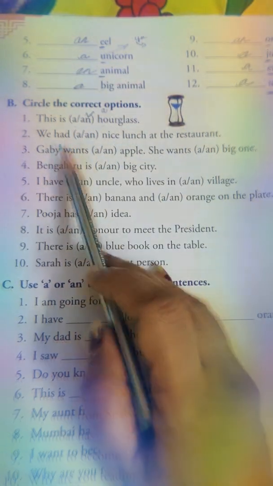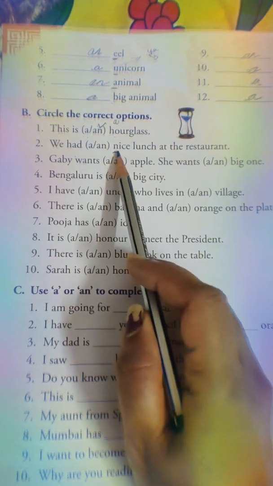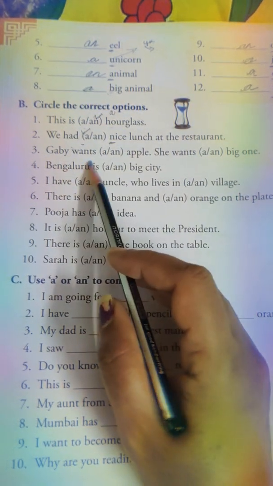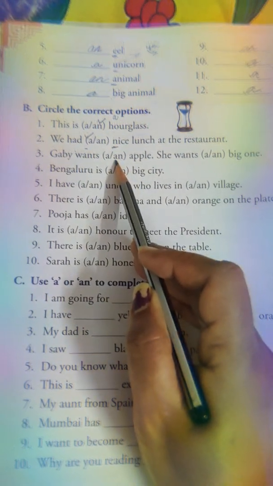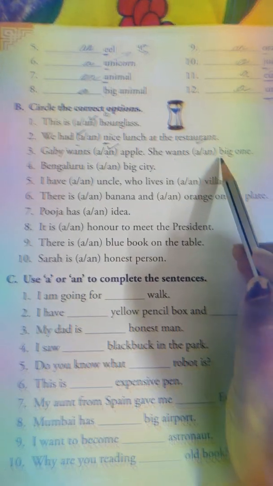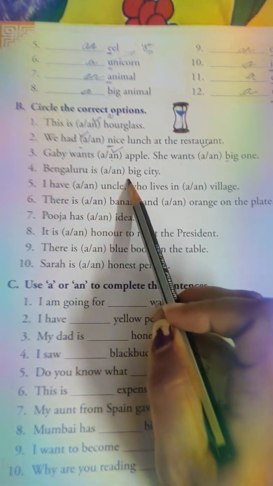This is a consonant sound, N. We had a nice lunch. Gaby wants an apple. She wants a big one, B, consonant sound. Bangalore is a big city.